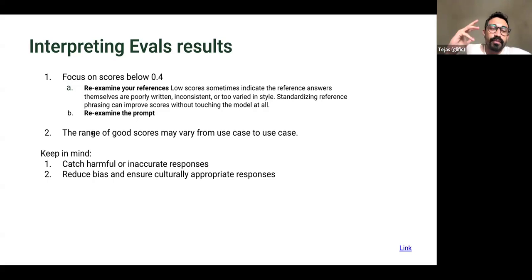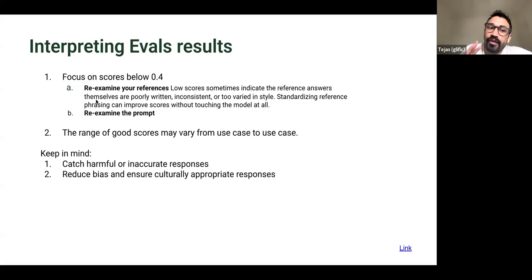So our main thing to keep in mind is to catch harmful or inaccurate responses, responses which are likely to give bias, which are going to be in the gray area, which are going to cause issues. Basically, that could reduce the trust, or reduce the confidence of partners in sharing this with the end user. So do that type of testing and then try to improve those scores.